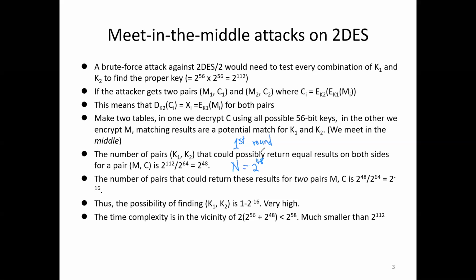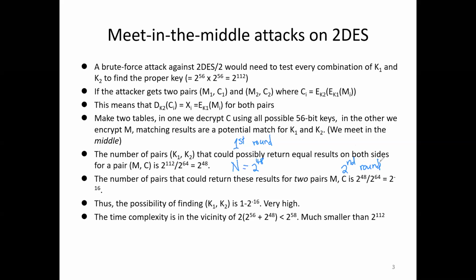So then you have this many key pairs. For this key pair, you apply on the second known plaintext and ciphertext. So this is the second round. So then you get 2 to the 48 divided by 2 to the 64. Again, 2 to the 64 is how many possible blocks you can have.